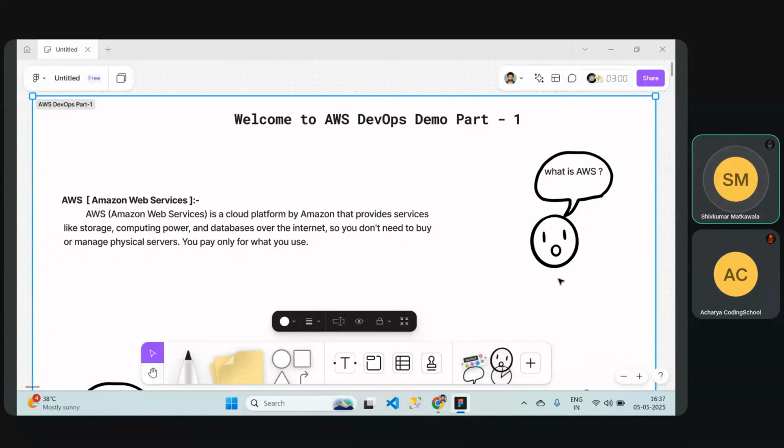Before, there was no cloud platform, no AWS. At that time, we had no option but to go into the market, buy the storage, buy the database, buy the computing, and bring it to your premises.